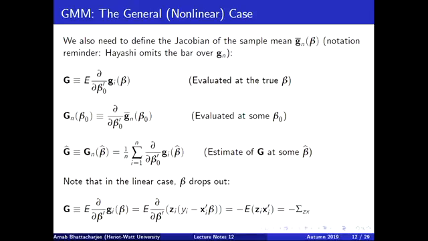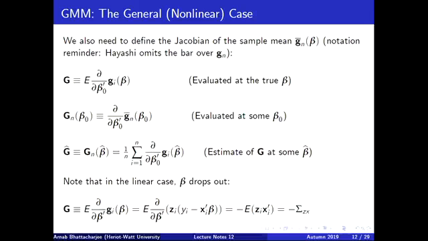If you have a particular estimator, then G hat will be simply what you get when you substitute beta hat for your beta.